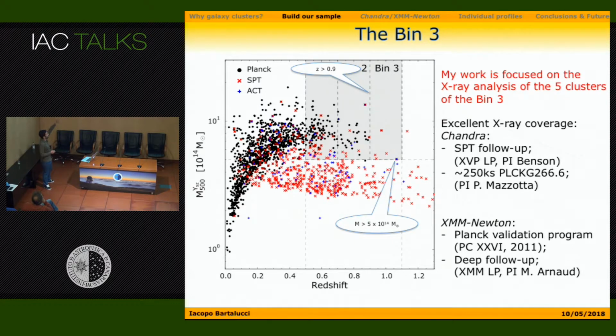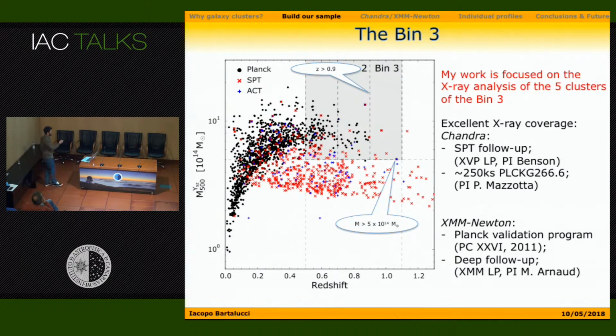So my work is focused on the X-ray follow-up of very high redshift and high mass galaxy clusters that you can see here, where we have 5 objects. Since we want to study the physics of these objects, we have to have deep X-ray and excellent coverage, and that's the case.